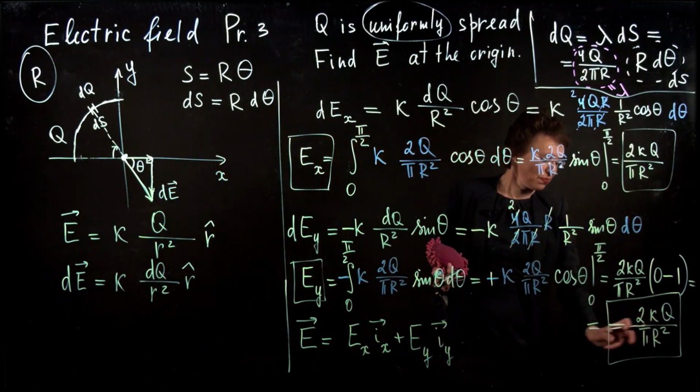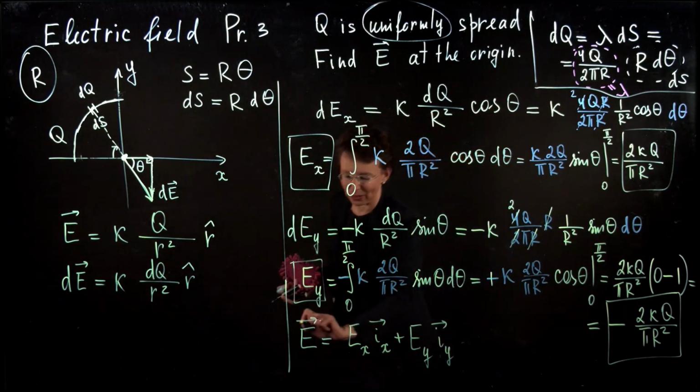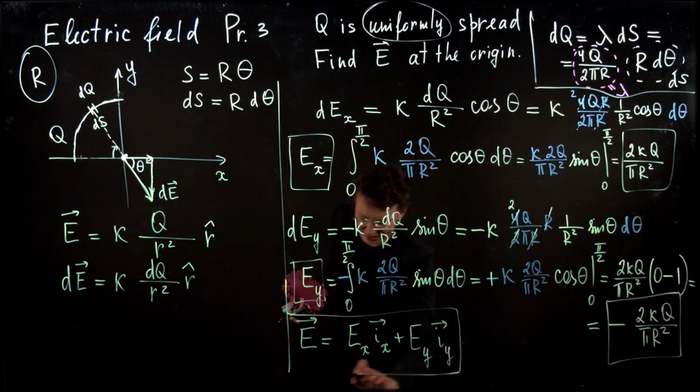Magnitudes are the same. Ey component is negative. So this is our final answer.